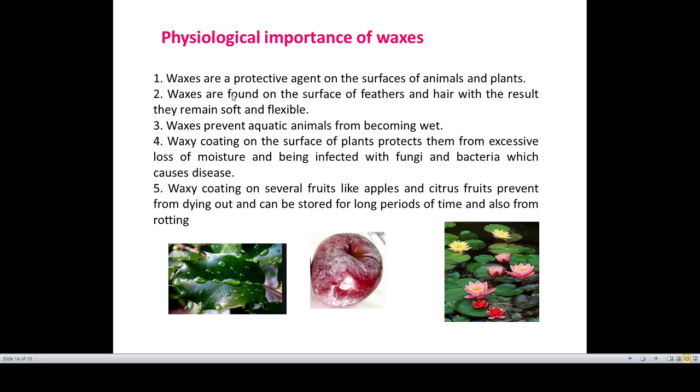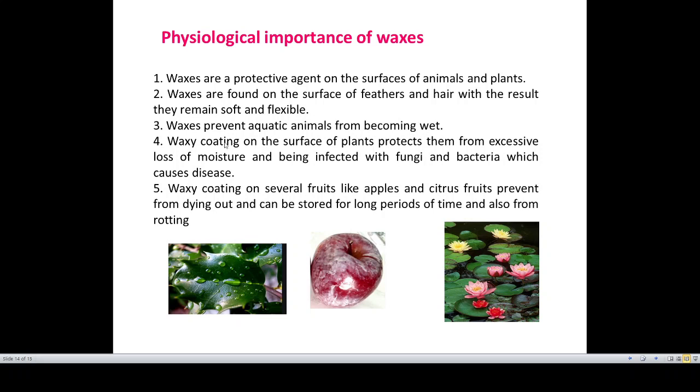Apart from that, when waxes are found on feathers and hair, they make them soft and flexible. And when we take an aquatic animal, these waxes prevent the aquatic animal from becoming wet.